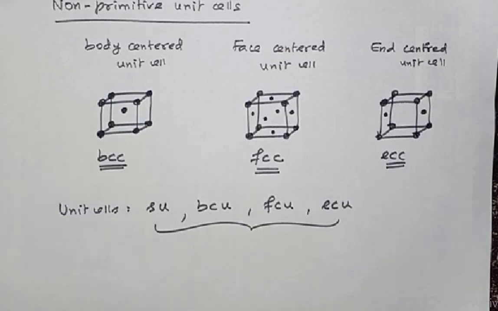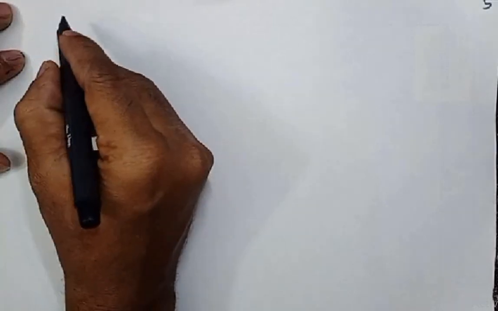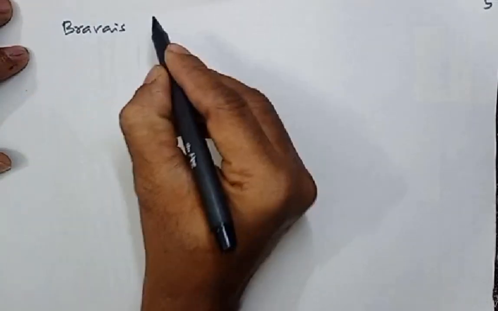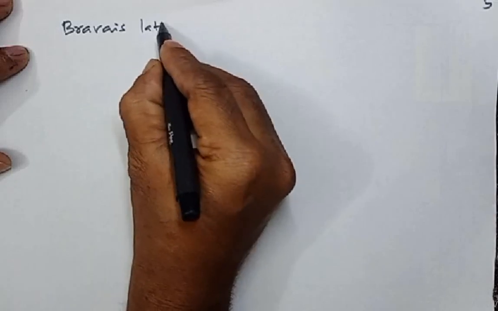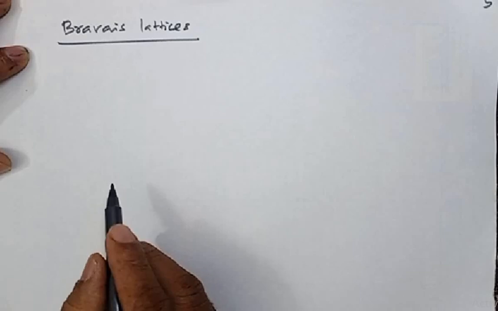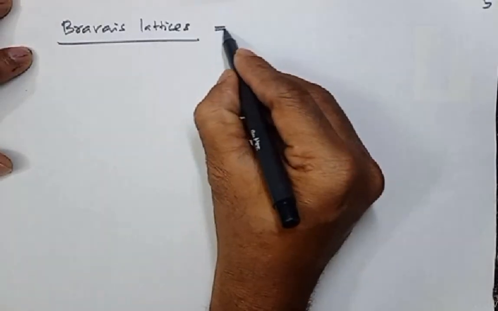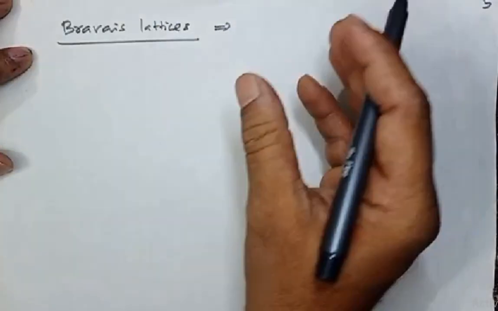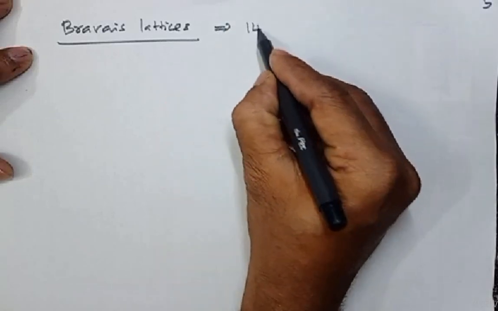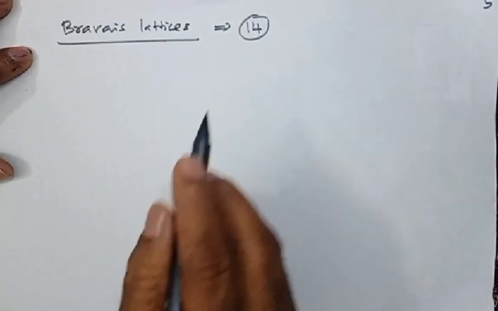What are the 14 different types? Yes, we are going to discuss now. Bravais lattices. Bravais found out that whatever crystal you take, that crystal must belong to any one of these 14 different types.